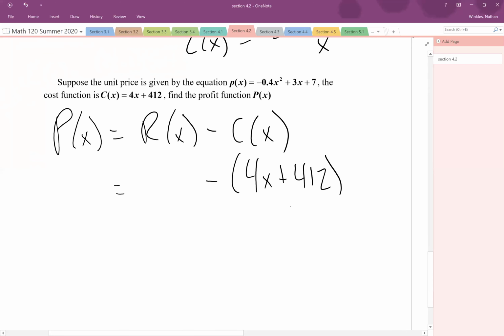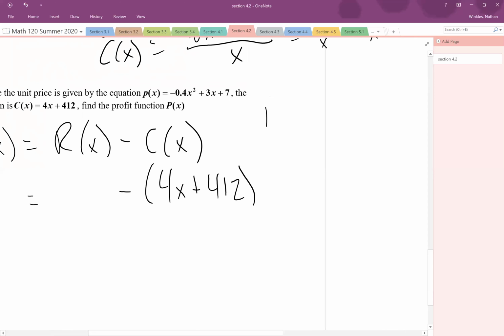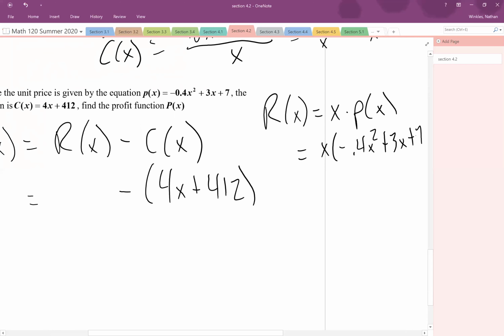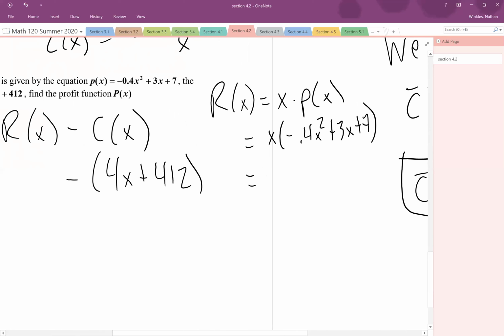But our R of x, remember that since this is a price function, R of x is equal to x times p of x, which is x times negative 0.4x squared plus 3x plus 7. So that's negative 0.4x cubed plus 3x squared plus 7x.